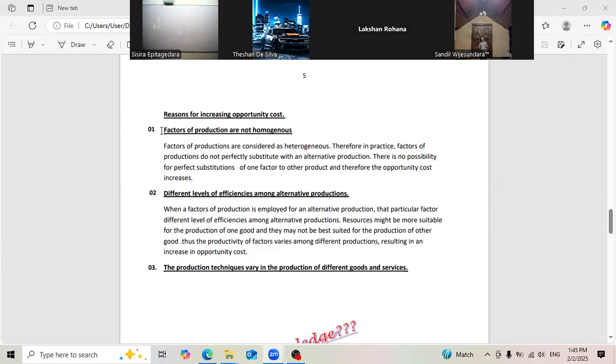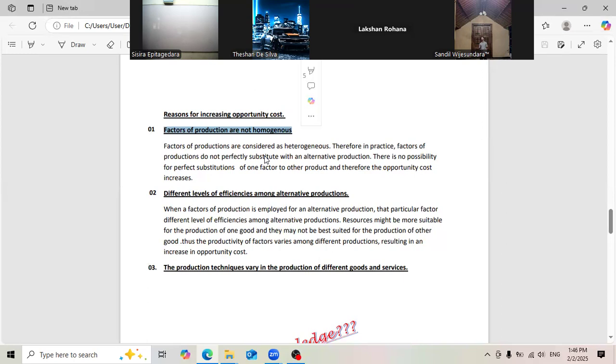Number one, factors of production are not homogeneous. It means that my factors of production are heterogeneous, meaning different. Resources which are used to produce one good cannot be used to produce another good as it is. Productivity is different.